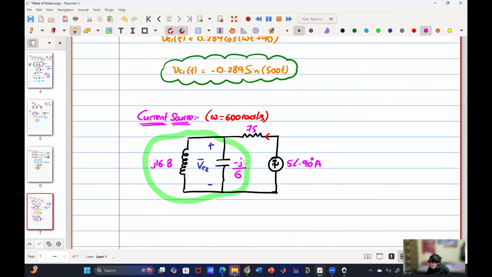So what is my net impedance? My net impedance Z will be j16.8 into minus j/6 by j16.8 minus j/6. Agree, everyone?